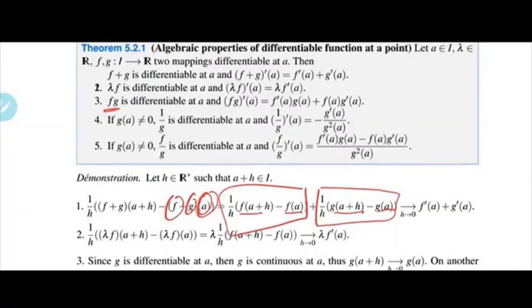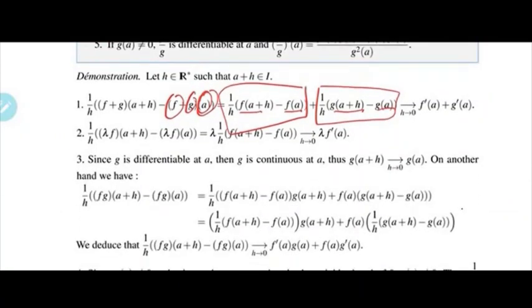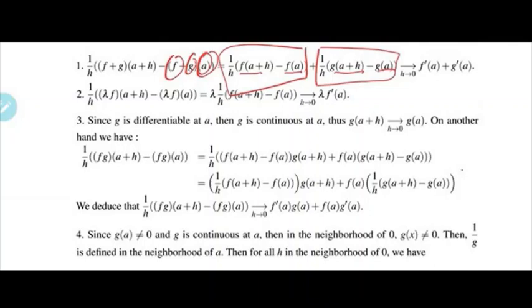So let's take a look at the proof of this property. If we take the rate of change of fg, it will be fg of a plus h minus fg of a over h. And here we will add and subtract this value.